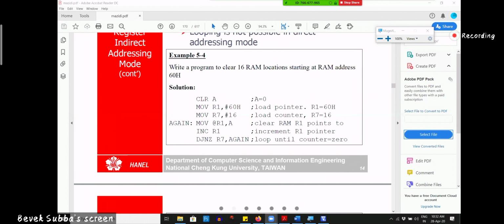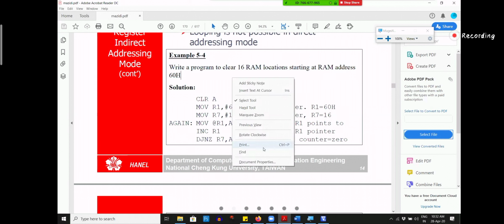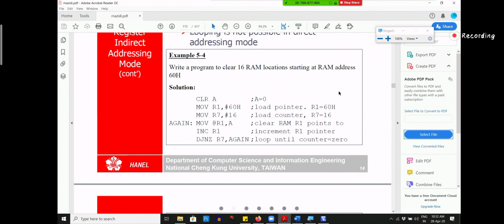See, write a program to clear 16 RAM locations starting at RAM address 60. 16 RAM locations from 60H.